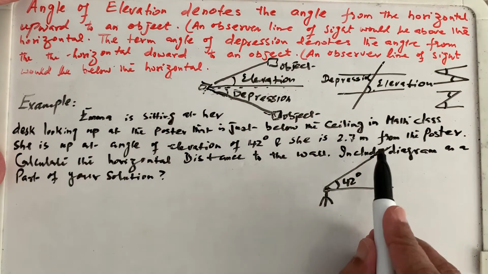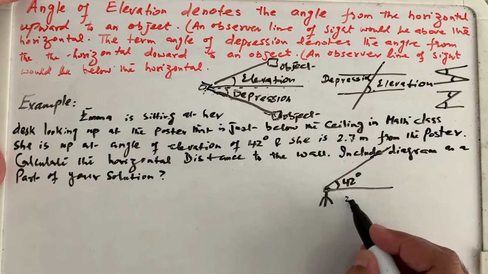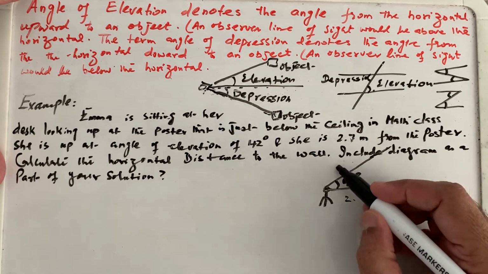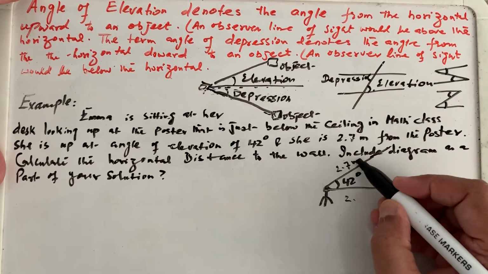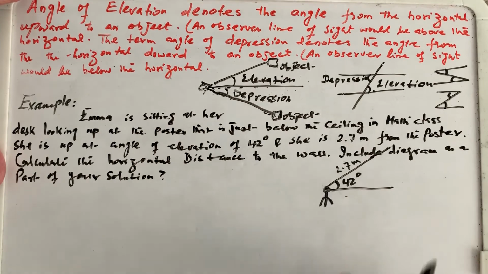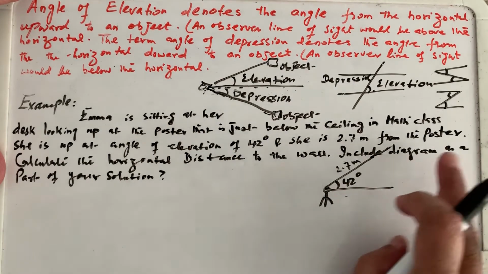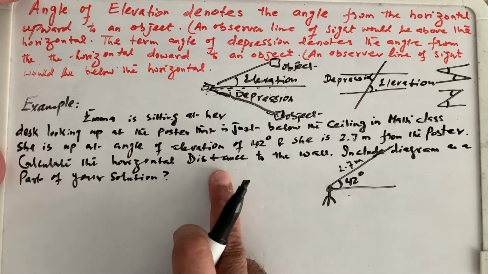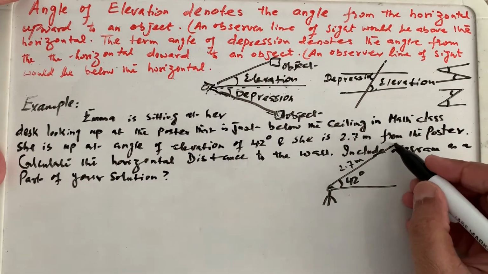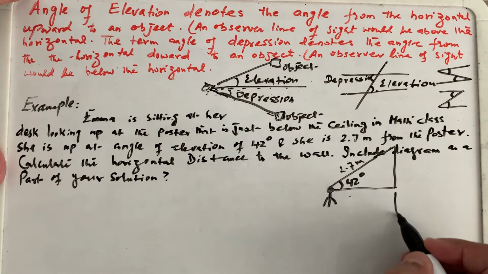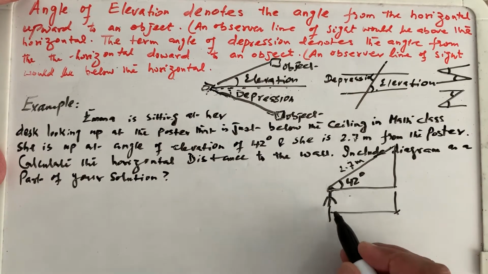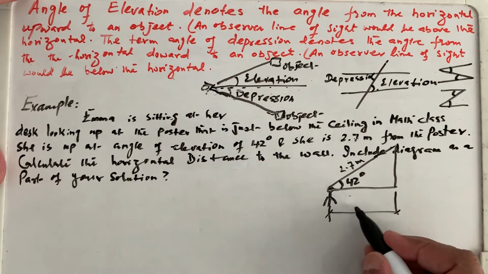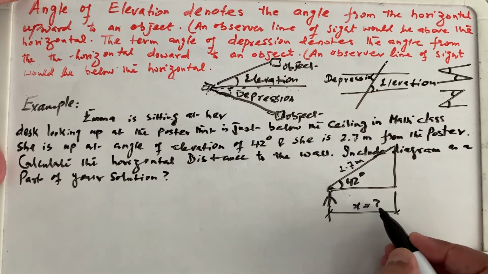She is 2.7 meters from the poster, so she is here, 2.7 meters from the poster. And what is required? Calculate the horizontal distance to the wall. The horizontal distance is this distance, which is unknown. We can say the unknown is x.